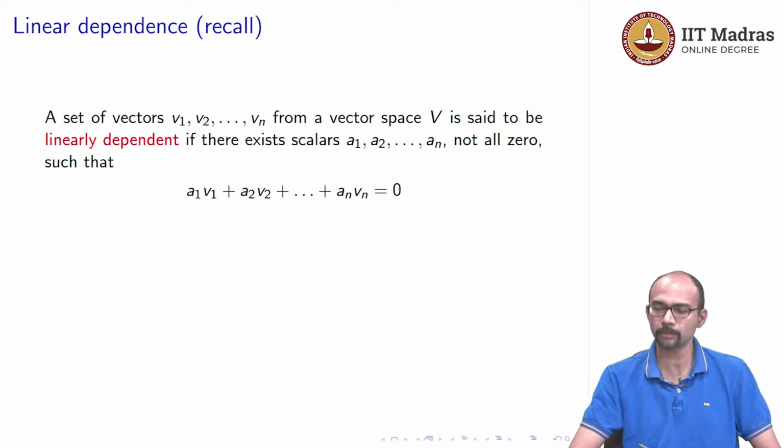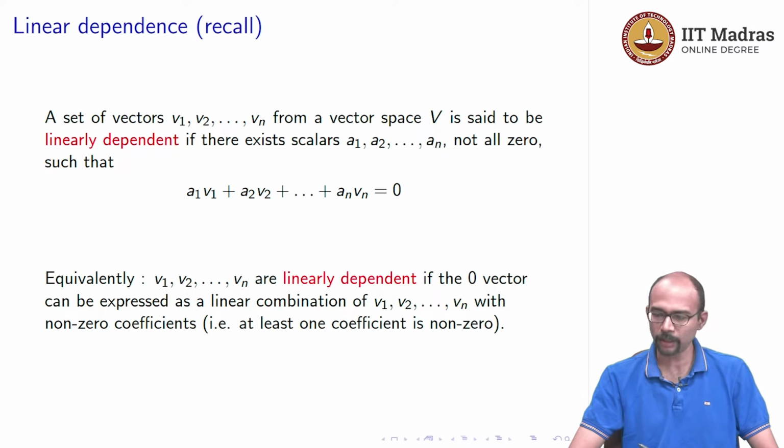At least some coefficient must be non-zero. If all the coefficients are 0, of course we know that the sum is 0. So the point is that there is some linear combination with non-zero coefficients so that the sum is still 0. If there exist such scalars, then we say that v1, v2, ..., vn is linearly dependent.